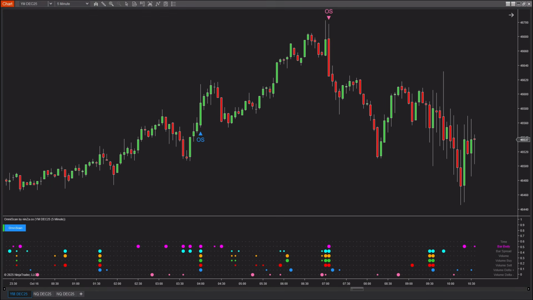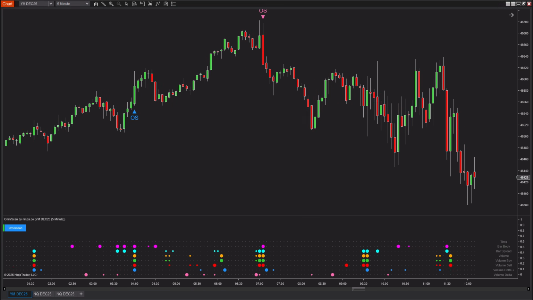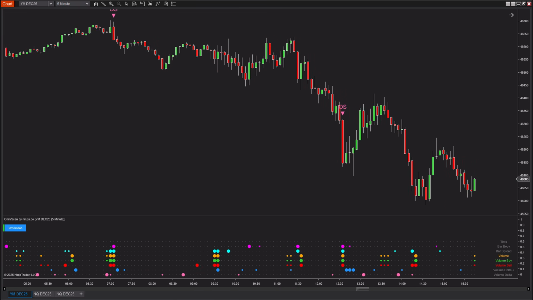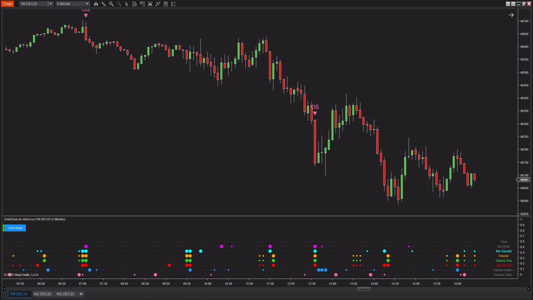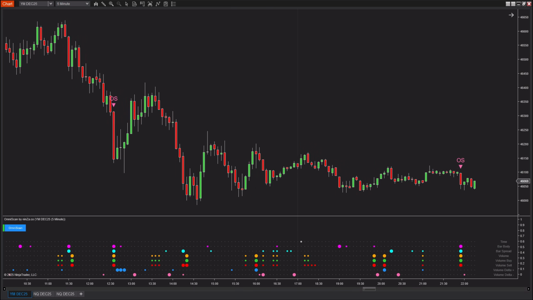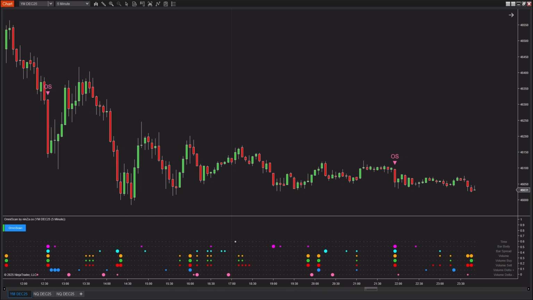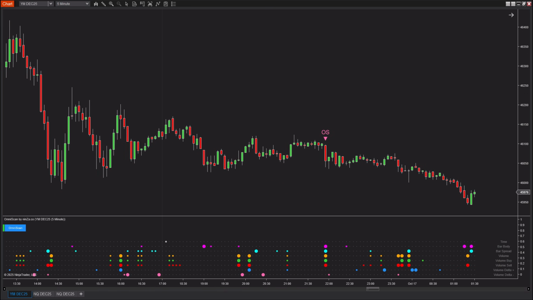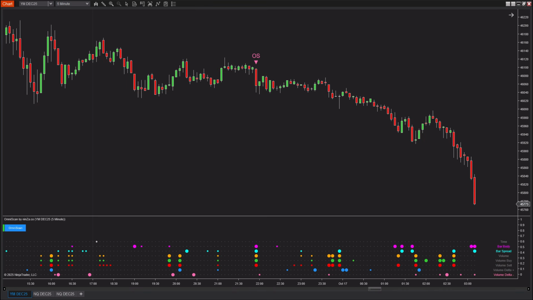So now, based on the conditions we've defined for both the buy and sell sets, the indicator is officially ready to generate signals directly on your chart. From this point on, every buy and sell signal you see comes strictly from the rules you created. Let's take a closer look at how these pure OmniSpectrum Scan signals appear on a 5-minute YM chart.